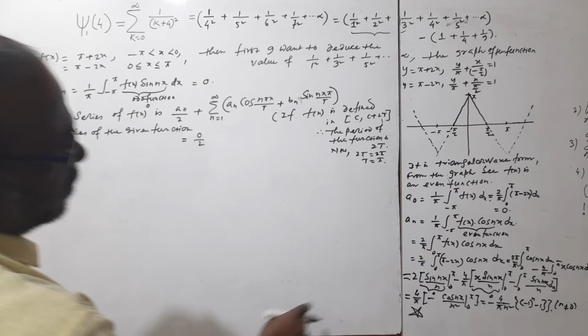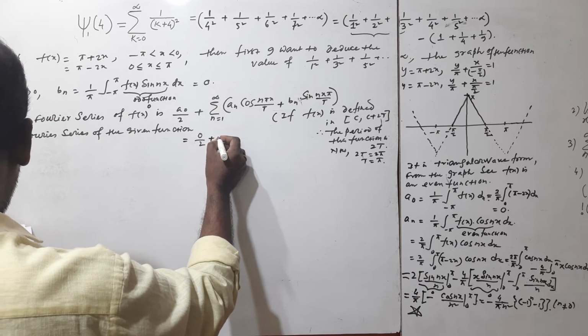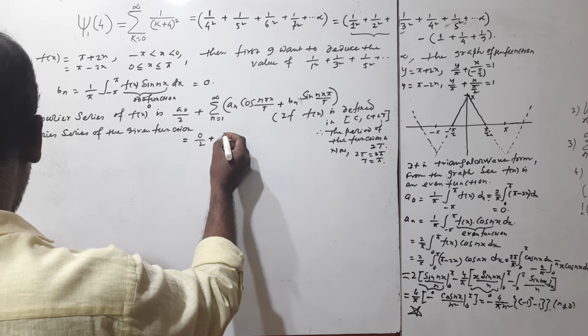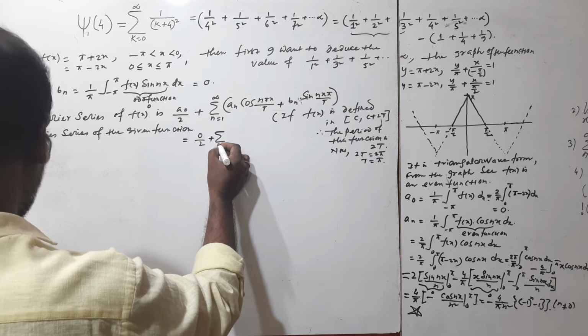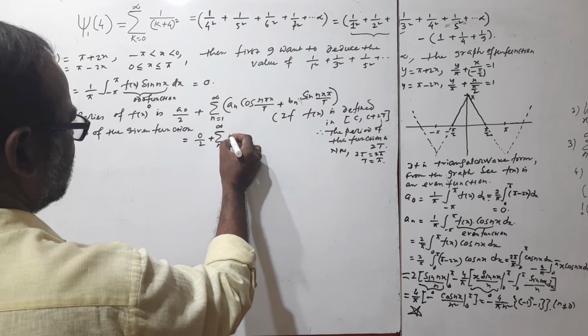See, a naught here is 0, plus summation from n equal to 1 to infinity, and this is an.